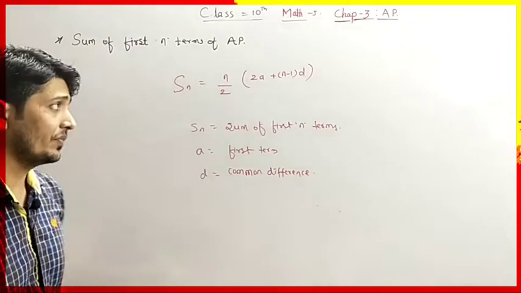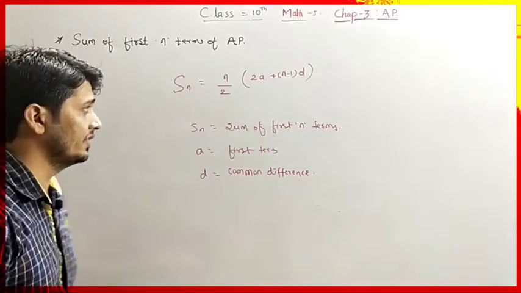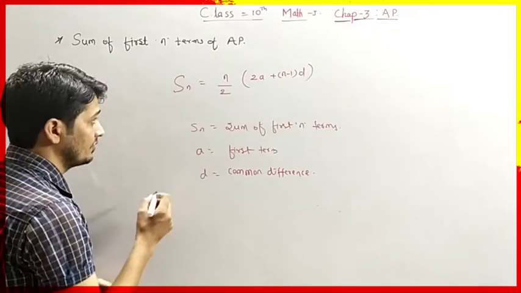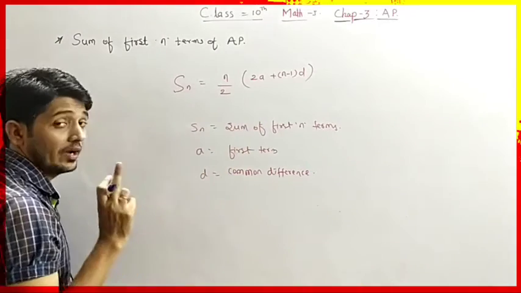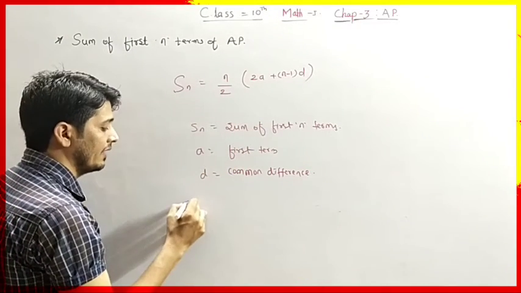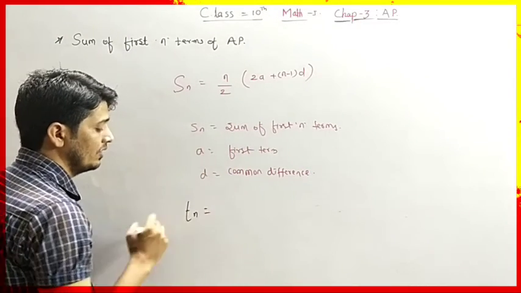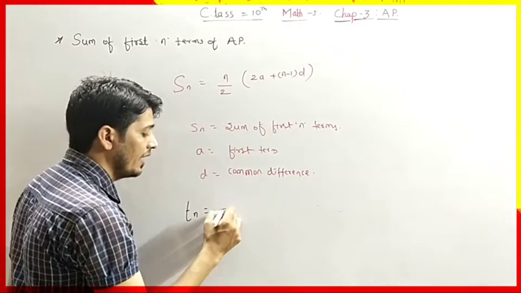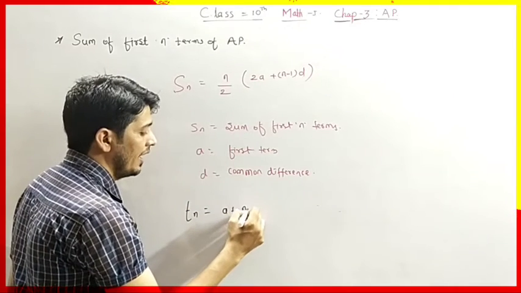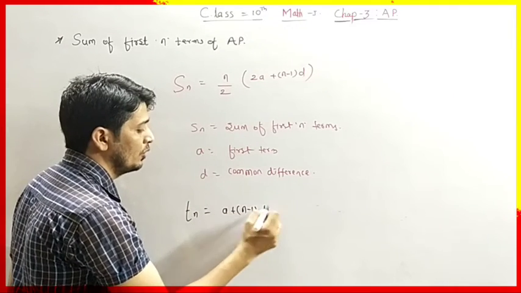Here we have the formula for Tn. Tn is a plus n minus 1 into d.